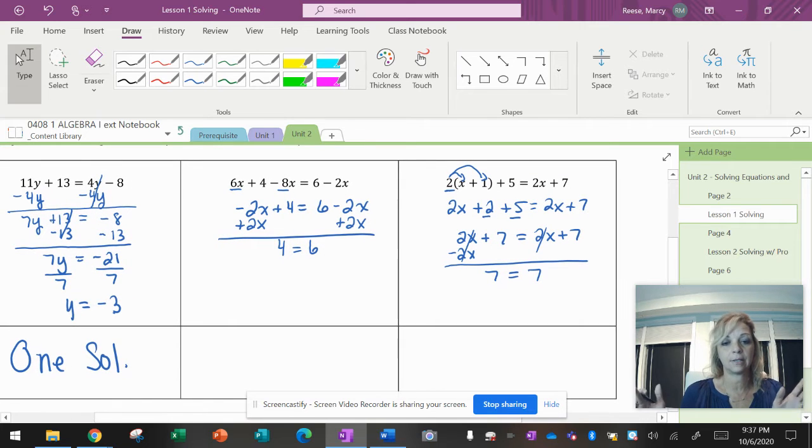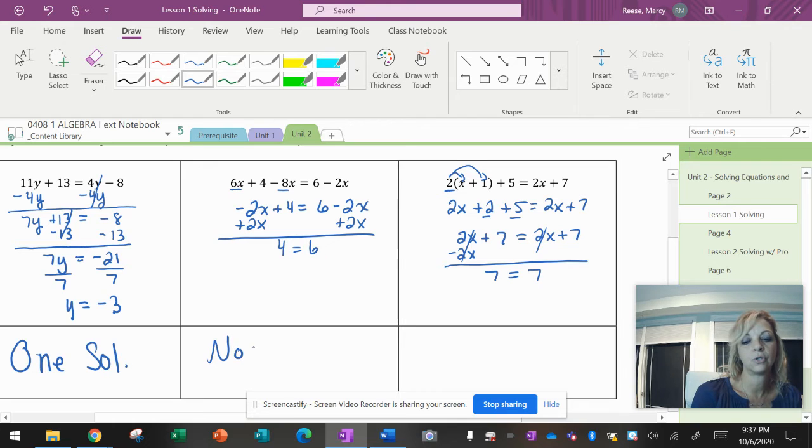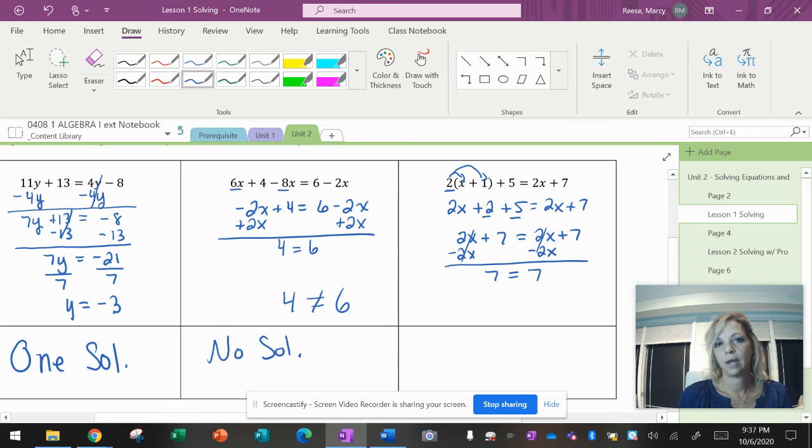The x's cancel out, but in this middle one, we have to say there are no solutions because the left side and the right side don't equal each other. 4 does not equal 6, so there's no x value that could ever make them equal. This last one, where it says 7 equals 7, if you came up here and looked at this original piece, see this right here?